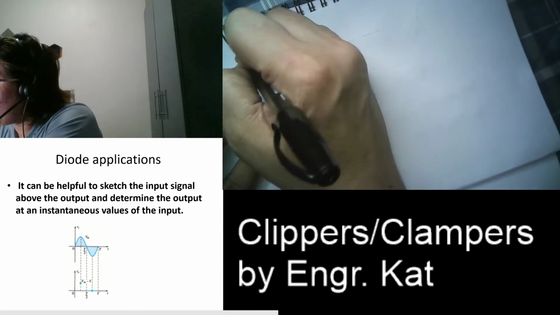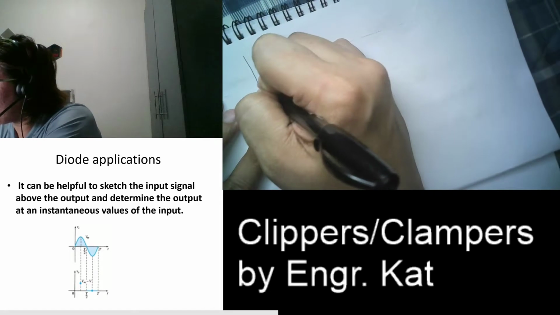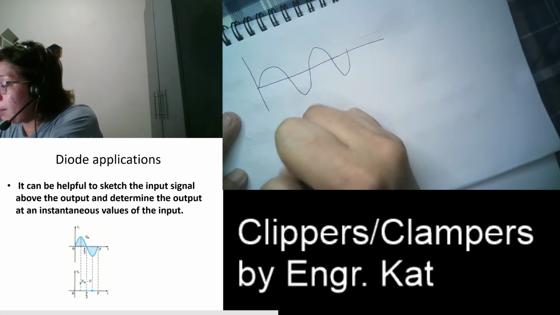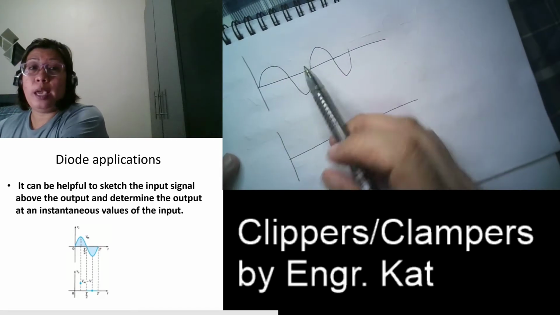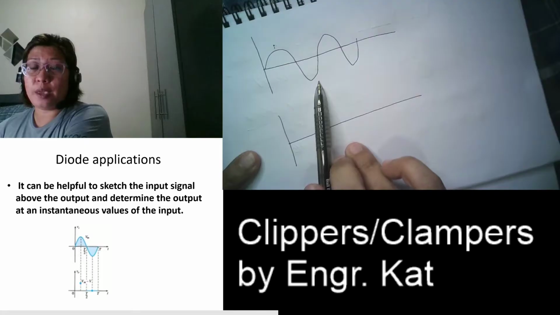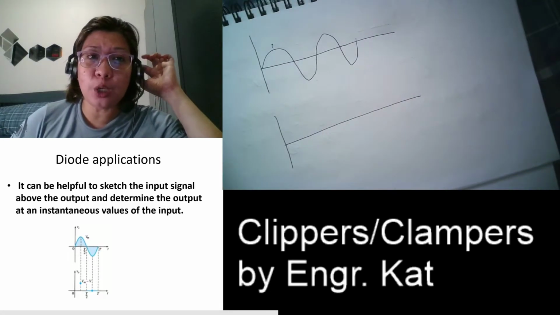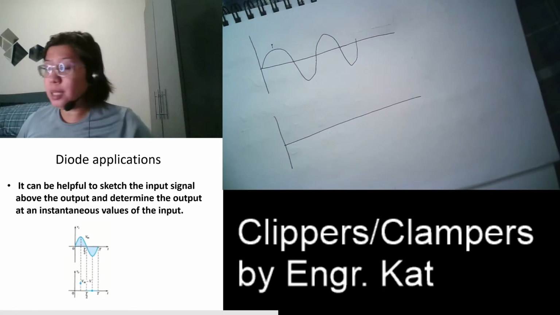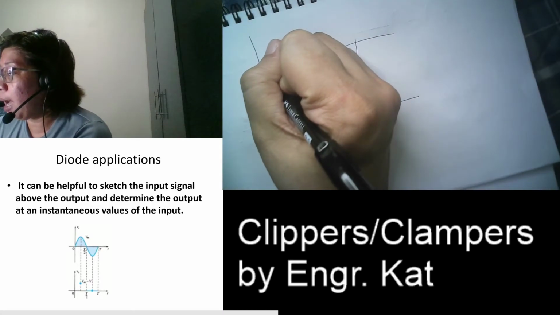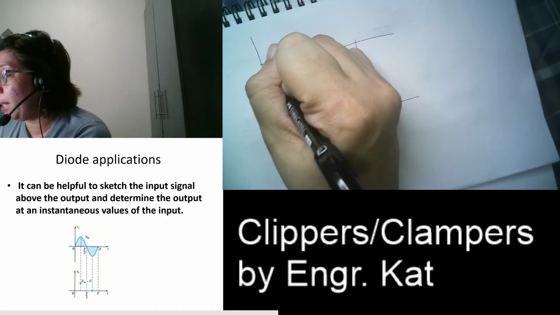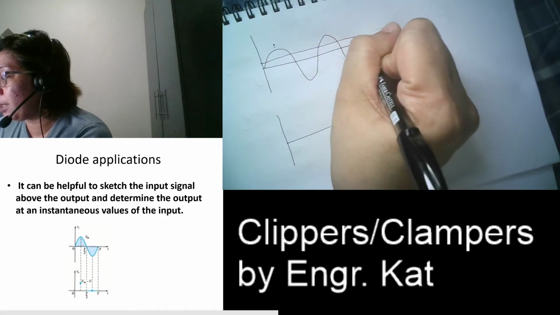This is my input, and this is my output. This is my positive VI, and this is my negative VI. What is the representation for V? V is a DC source, right? Since V is a DC source, we have to place that as a DC source, like that.